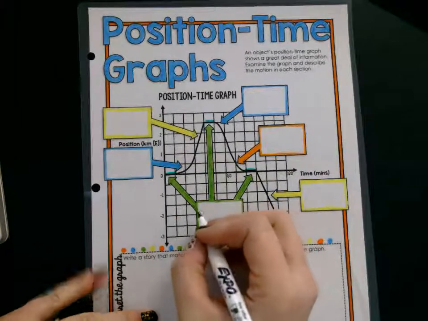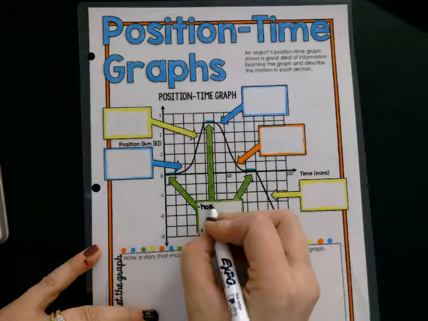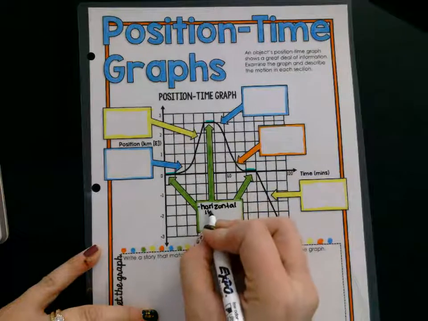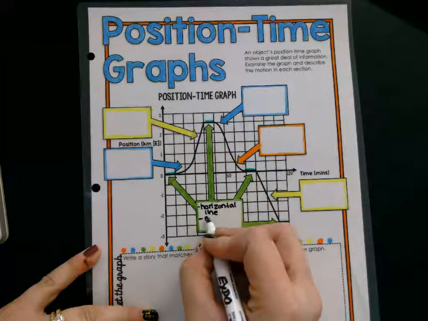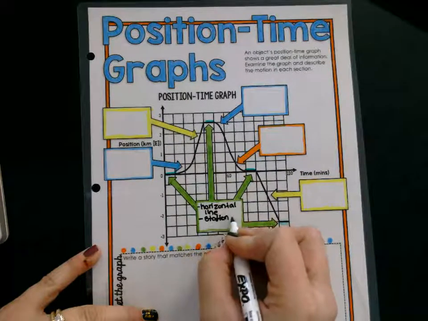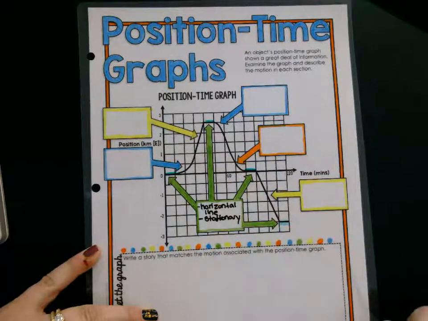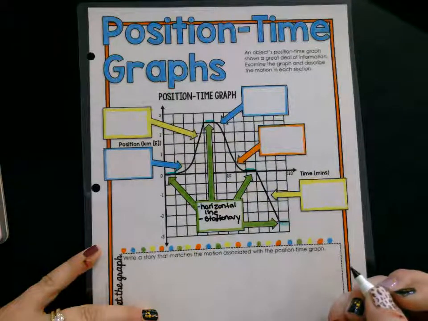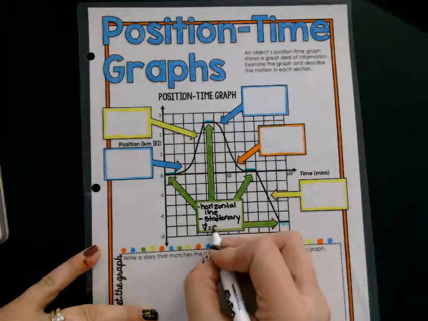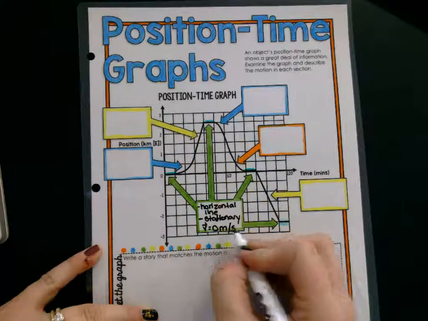So we have a horizontal line. We're stationary. I misspell that word every time. And our velocity is 0 meters per second.